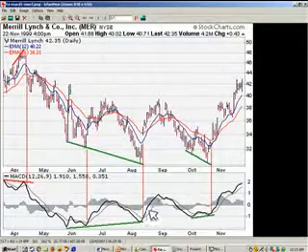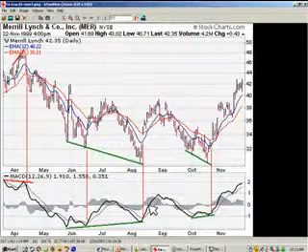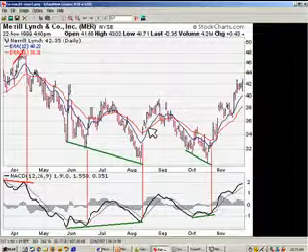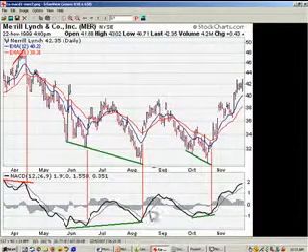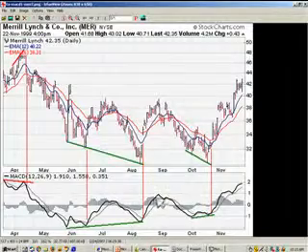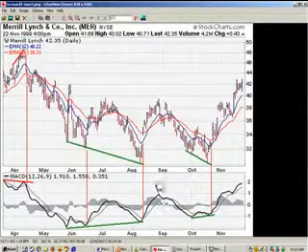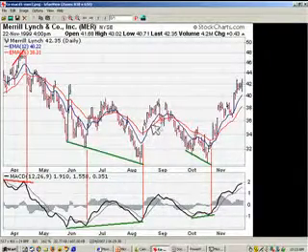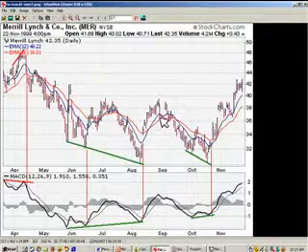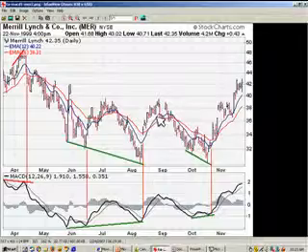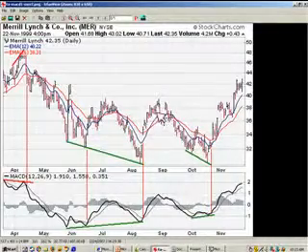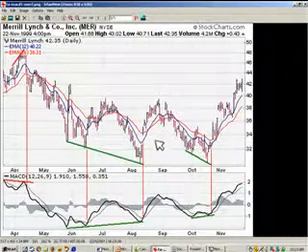As you see, the MACD crossing the zero line here is really representative of where the true moving averages are doing their crossover. As MACD is rising, this is telling us that the gap between the 12-day and the 26-day is widening, therefore indicating that bullish momentum is increasing.